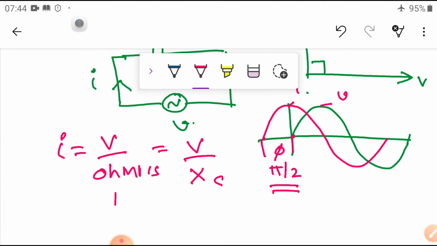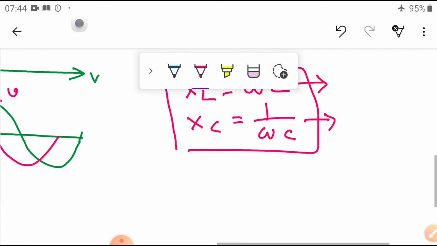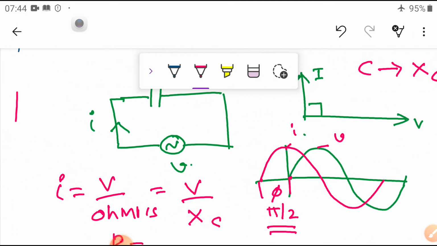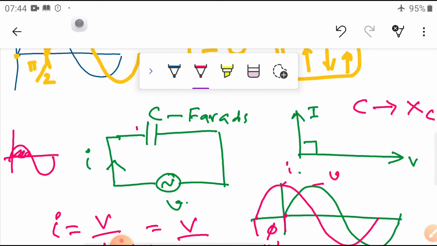Now what is the power? Similarly to the inductive circuit, here also during the positive cycle, whatever capacitance is connected here will charge the plates. And during the negative half cycle, whatever was charged is given back to the circuit once again.